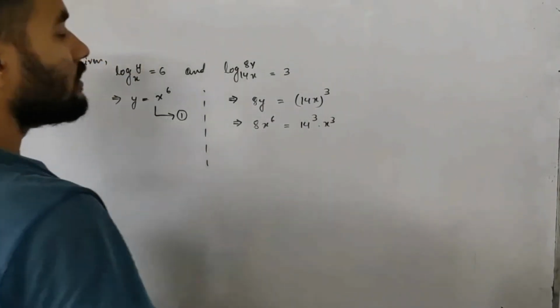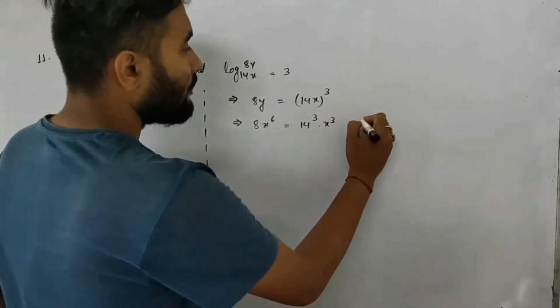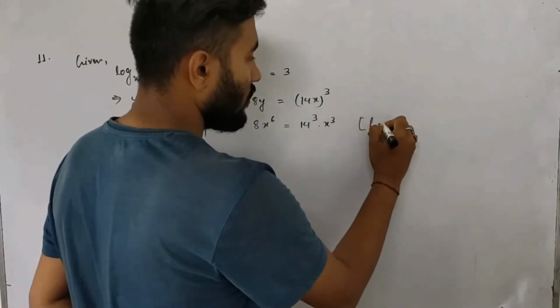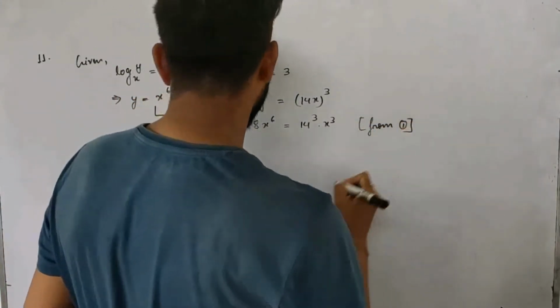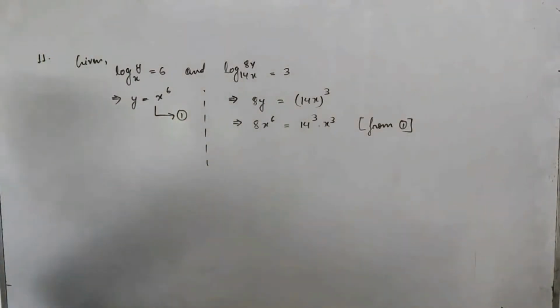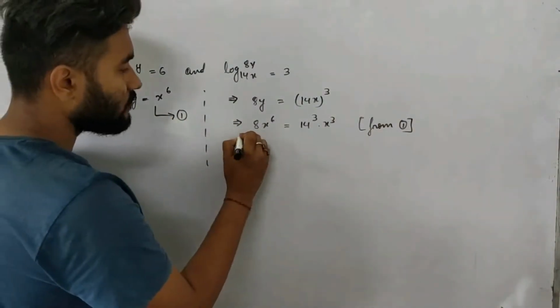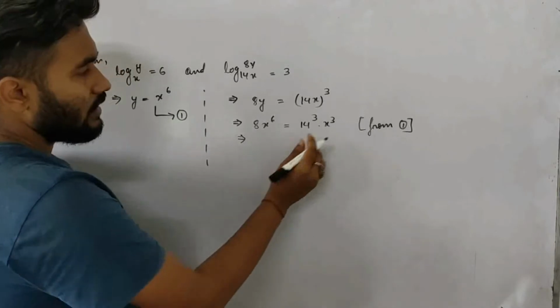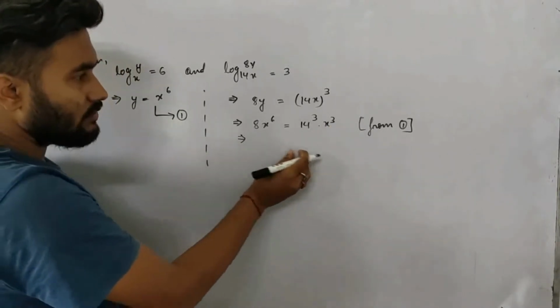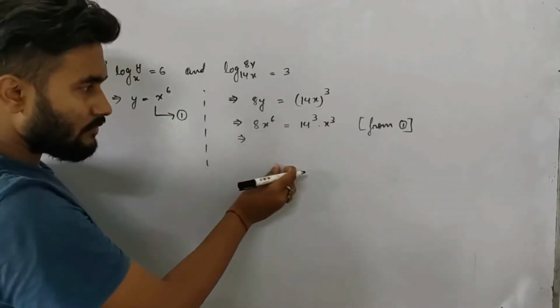Okay, so done. You write over here from 1, y is equal to x to the power 6. Now which implies I can bring this x cube over here, product is there, right? So over here it will become divide.